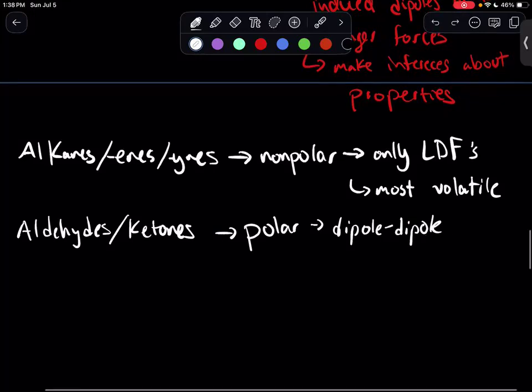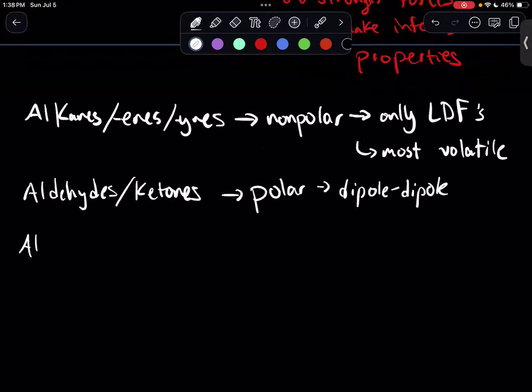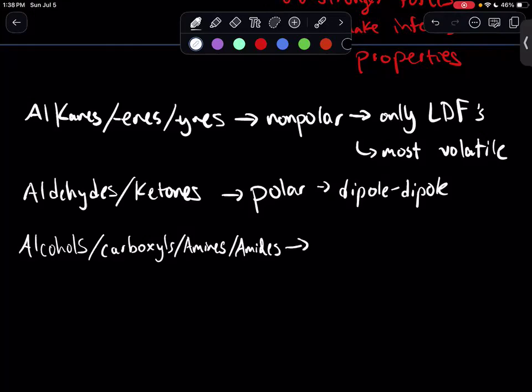After the dipole-dipole interactions of our aldehydes and ketones, we can start looking at things like alcohols, carboxylic acids, amines, amides. And when we start looking at these, less so amides, we can generally also assume that these are going to be polar and have hydrogen bonding, meaning that out of all the homologous series, these are going to have some of the strongest intermolecular forces, determining the way that they interact with other molecules.